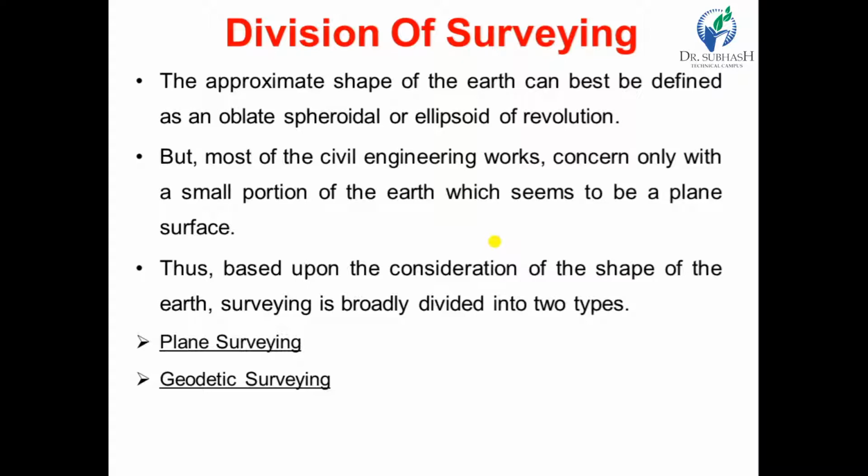Most of our civil engineering work is concerned only with a small portion of the earth, which seems to be a plane surface. But when we work with a larger extent within the earth boundary, the shape is spherical or curved. So based upon the consideration of the shape of earth, surveying is broadly divided into two types: plane surveying and geodetic surveying.